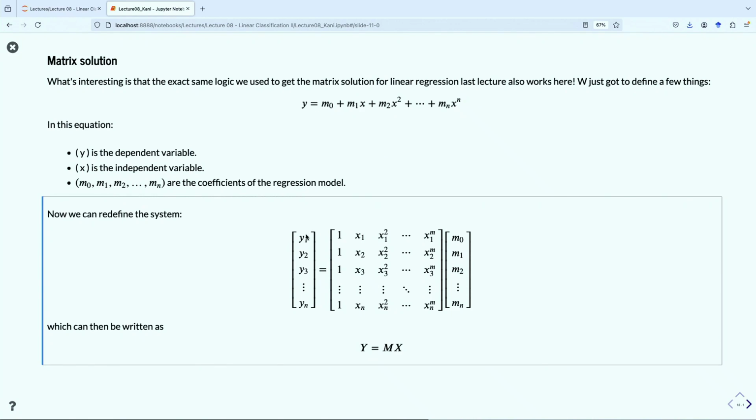Same thing, data point 2. Same thing, data point 3. All of this down to data point n. And this, we rewrite as y is equal to m times x, right? Same thing as we did before, except the one difference here is that before we would have 1, x1, x2, x3, x4, x5, x6, x7.